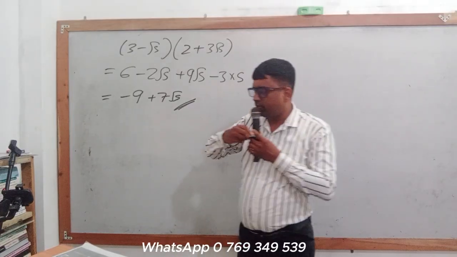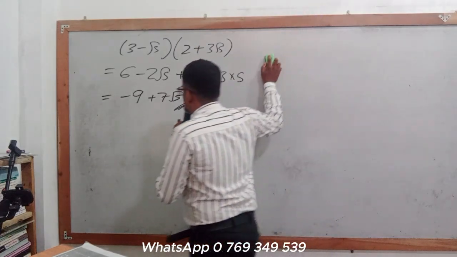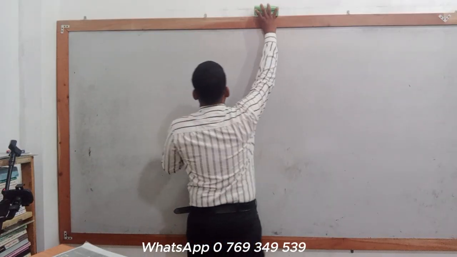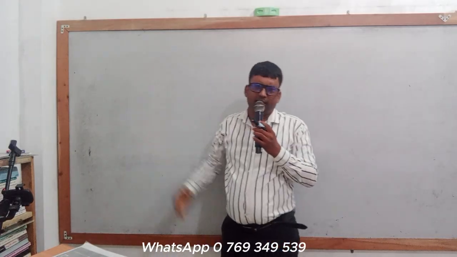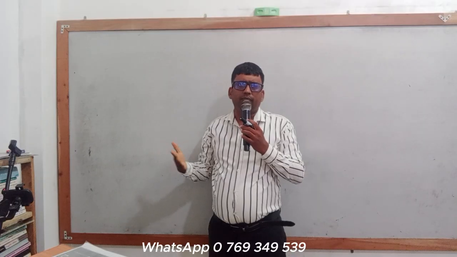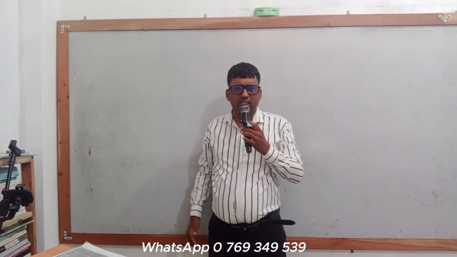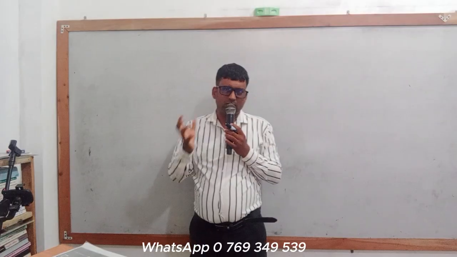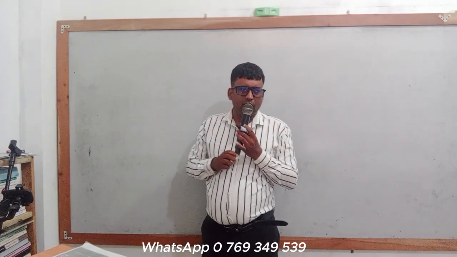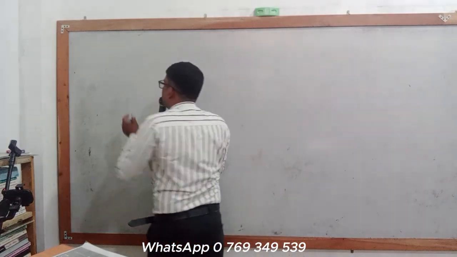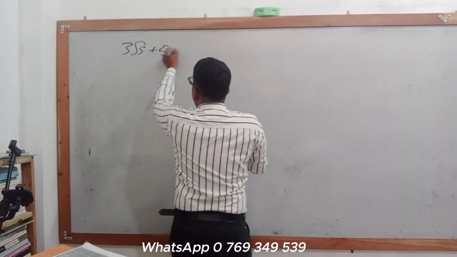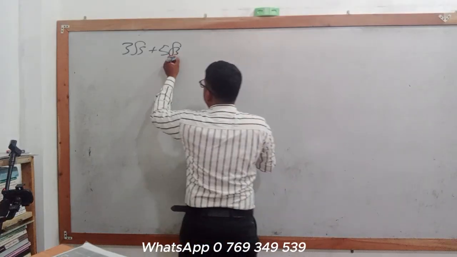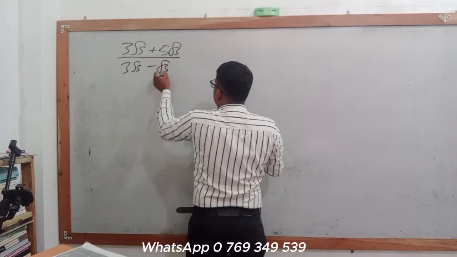Here we have 3 root 5 plus 5 root 3 over 3 root 5 minus root 3. You can pause this video and copy it. I'm not taking much time, because this video is very big. Our previous video was 1 hour and 30 minutes, which is very long, so I'm always going to make it shorter.